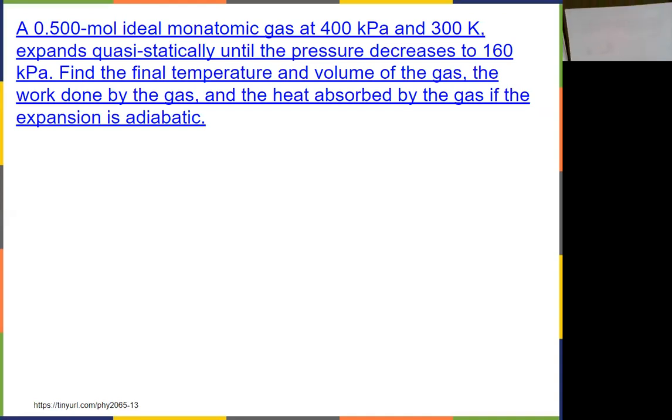Find the final temperature and volume of the gas, the work done by the gas, and the heat absorbed by the gas if the expansion is adiabatic.